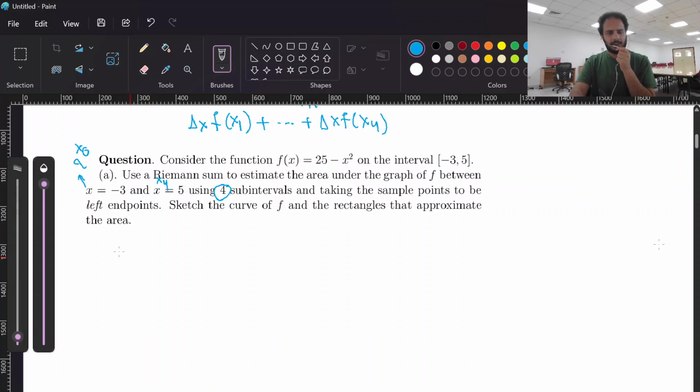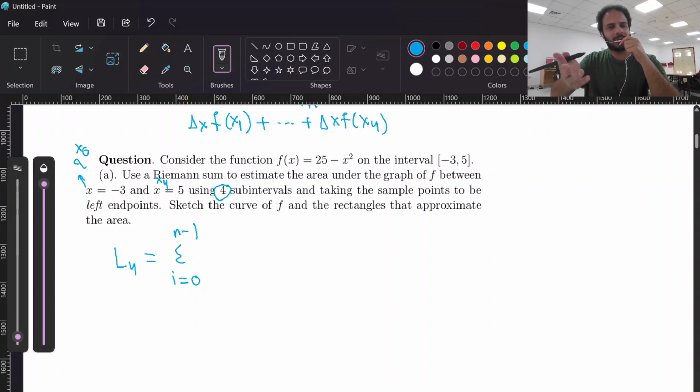Let's start. So what's the formula for left? L4 equals summation i equals 0. Since it's left, you start from 0, and you stop at n minus 1.